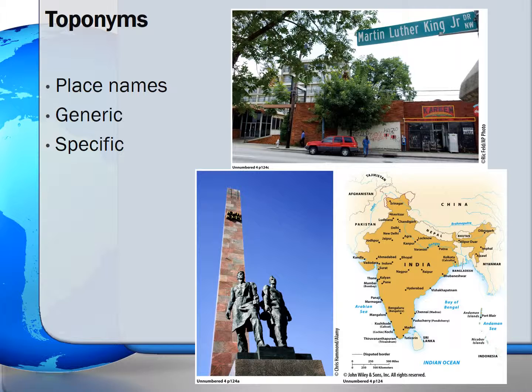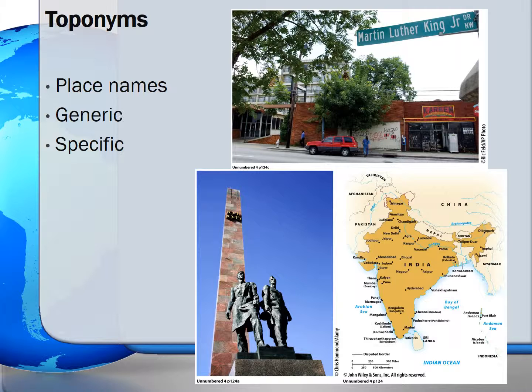Toponyms also consist of identifiable generic and specific elements. The generic element identifies the feature like a mountain, city, color, etc., and the specific element provides more descriptive information. For example, in the toponym Black Mesa, black is the specific element and mesa is the generic element.